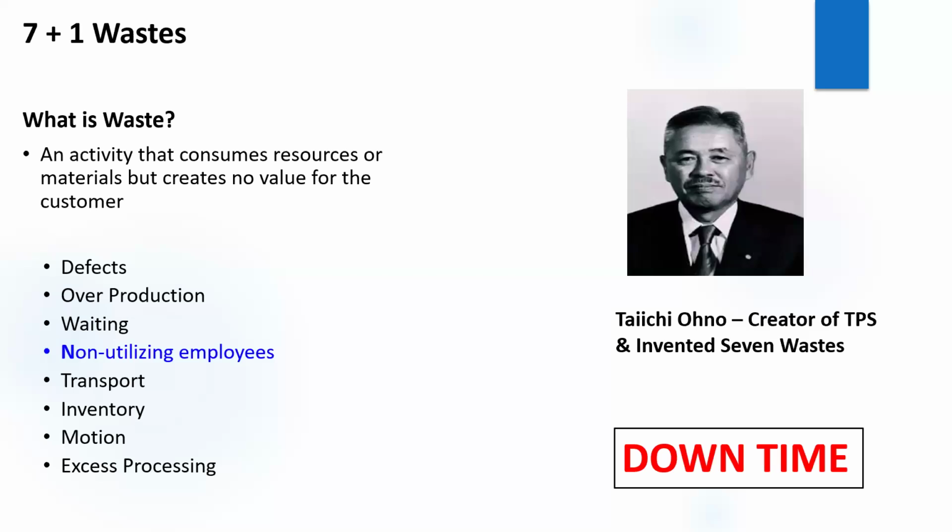Now my question to all of you: either man can wait, machine can wait, or material can wait. But suppose you want to give a priority. If you want to give a priority, then will you give priority to material, machine, or man? Machine should not wait, man should not wait, and material should not wait. Correct. But if you want to decide a priority, then as per your thinking, should material not wait, machine not wait, or man not wait?